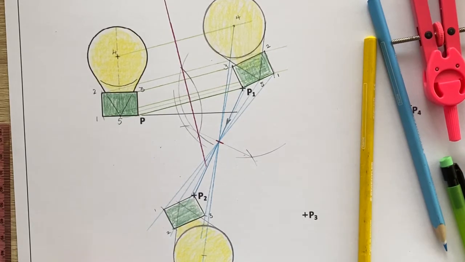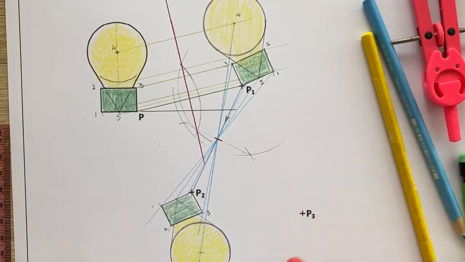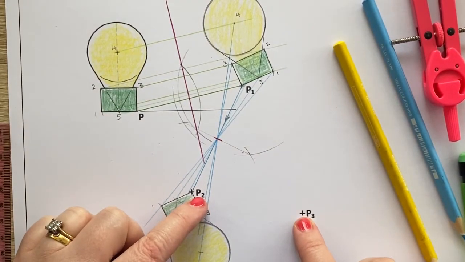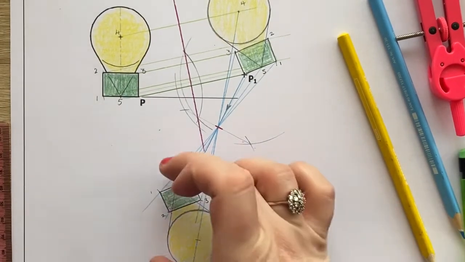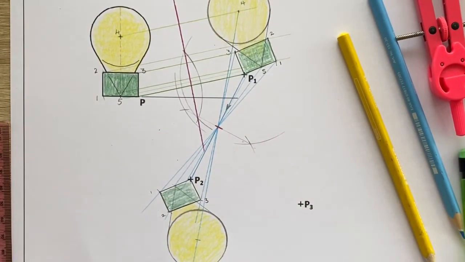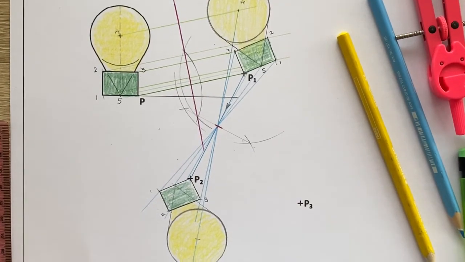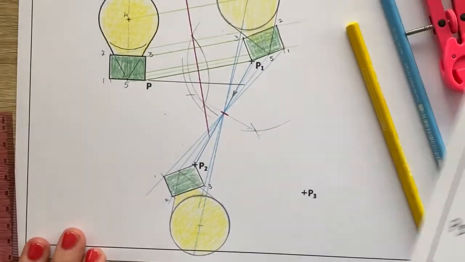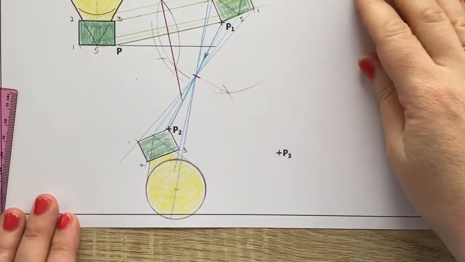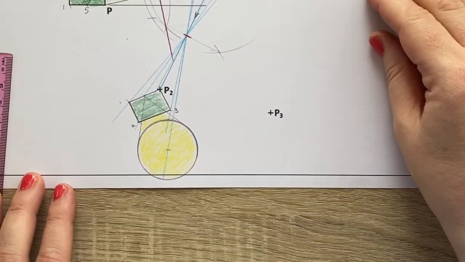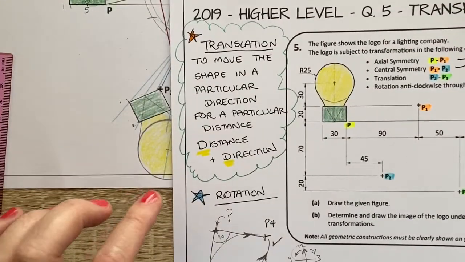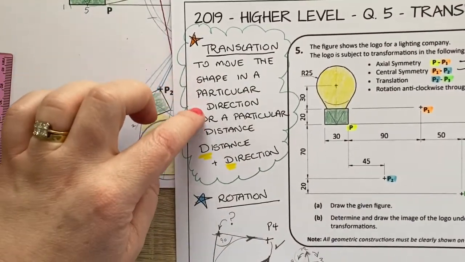Okay, next one is 2 to 3. So we're down here, and I'm desperately praying that this will fit, and I don't think it will. It's a translation. So translation, let's go back here for a minute. Let me just move this out of the way. There we go. Translation is to move the shape in a particular direction for a particular distance.